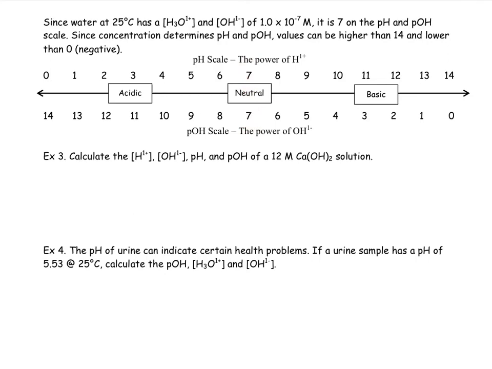As discussed in previous courses, a pH that is less than 7 is acidic, and that is greater than 7 is basic. On the pOH side of the scale, you see the opposite. If you have a pOH greater than 7, it's an acid, and less than 7, it's basic. Also notice that if you take any pH value and add it to the pOH value, you will get 14.